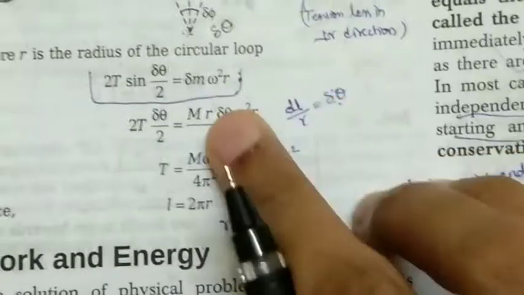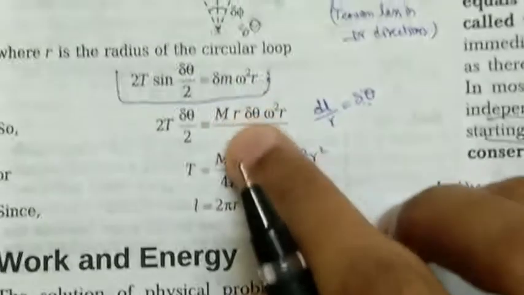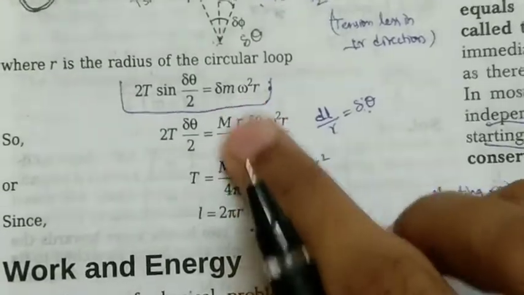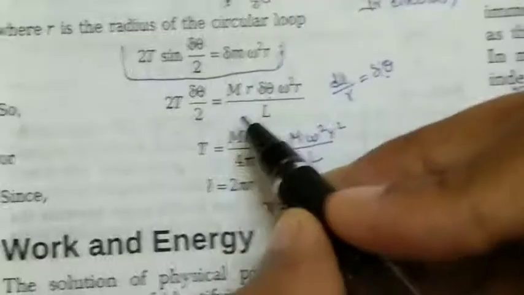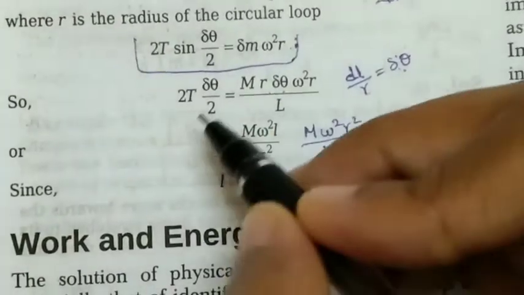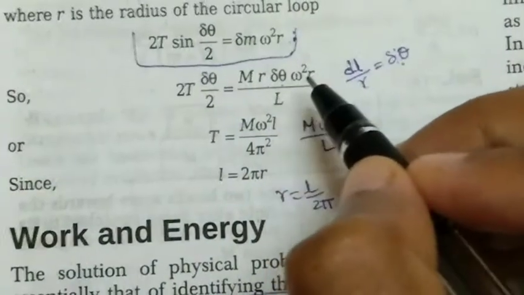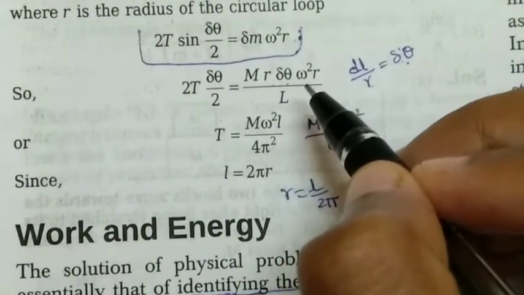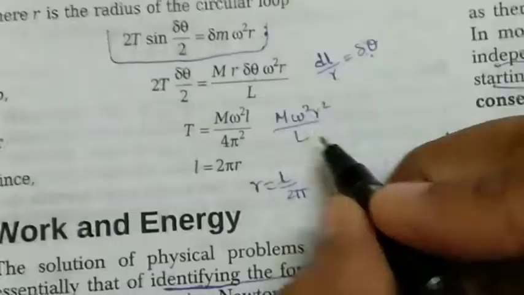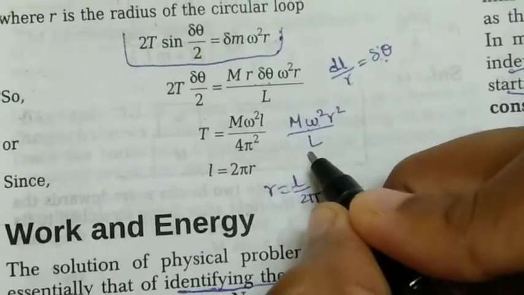So dl is nothing but r delta theta. Hence we are having in the place of delta m this term. And here delta theta would get cancelled, 2 would get cancelled, only T would be remaining this side. And here M r square omega square by l.